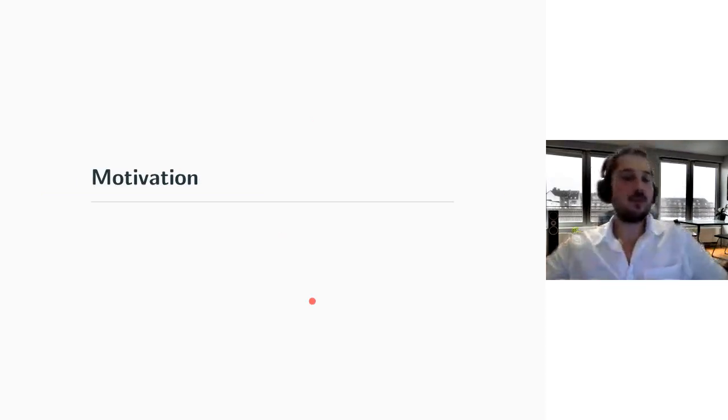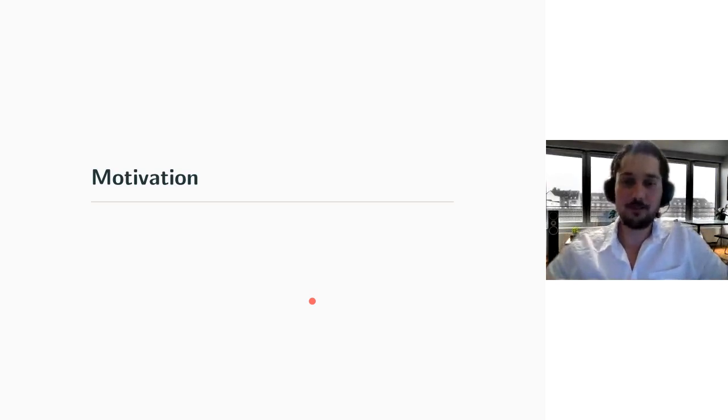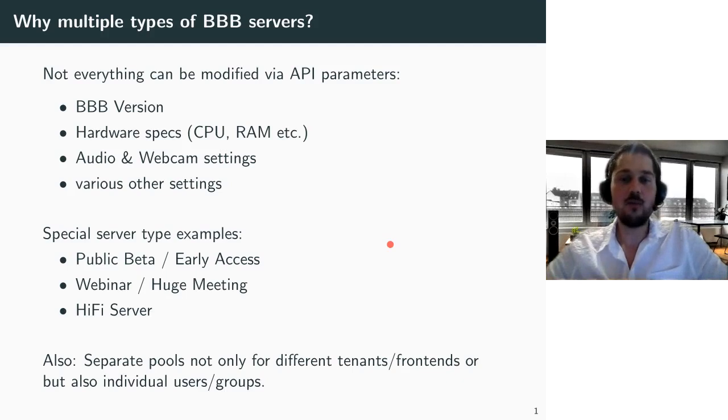So first of all, what was the motivation to do anything at all? Or why would we want to have multiple types of BBB servers? Because as you may know, you can customize BigBlueButton on a per meeting basis via the API with many different parameters, but you can't change everything.